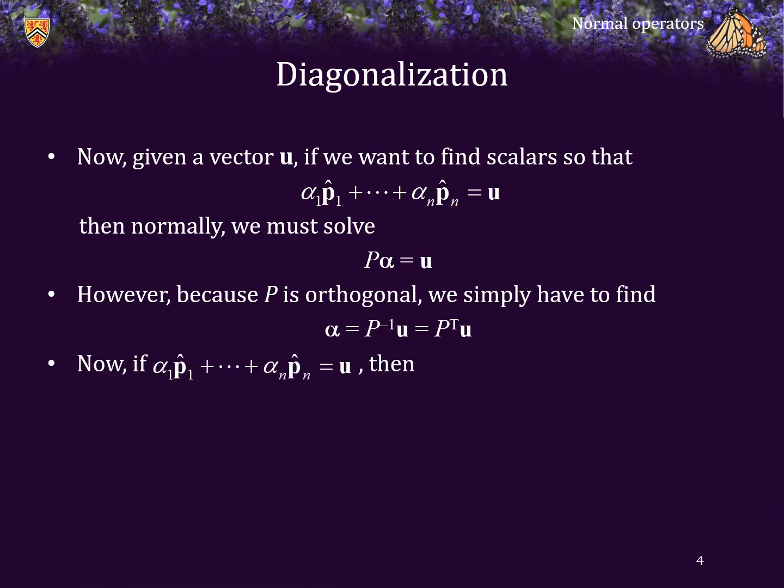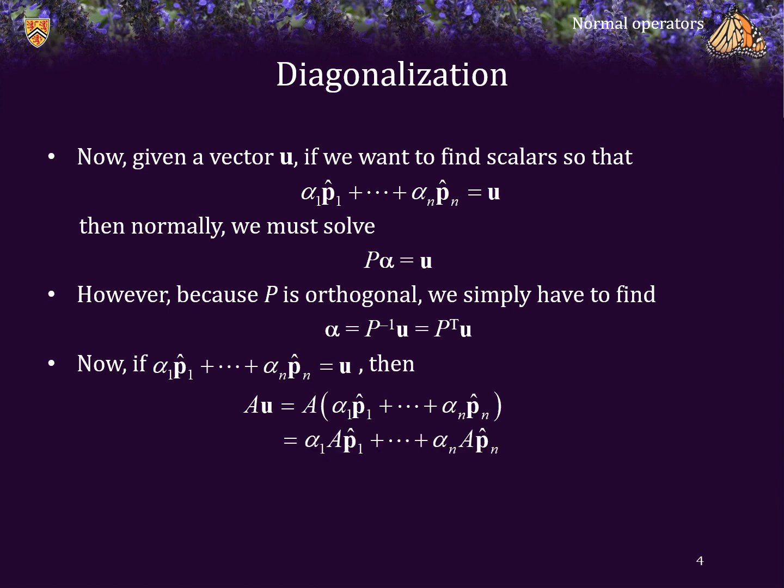Now, consequently, given that we have found the coefficients that allow us to write u as a linear combination of our orthonormal basis, then A applied to u, or A times u, is equal to A multiplied by this linear combination of our orthonormal vectors.